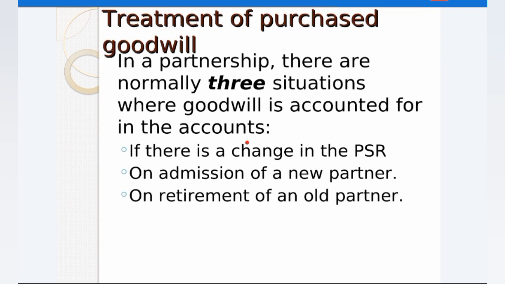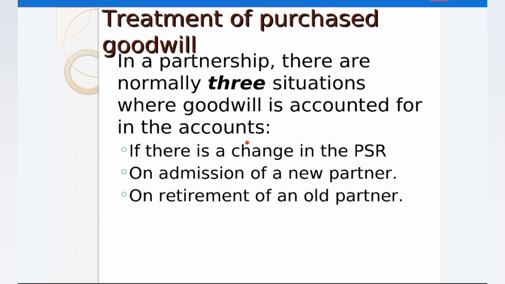treat this goodwill. So in a partnership, there are normally three situations. There are three situations where goodwill will be accounted for. Remember, we have said that this goodwill, the practice is that we maintain it in our books and we write it off gradually over a period of time. So, what are some of the situations when we create goodwill?